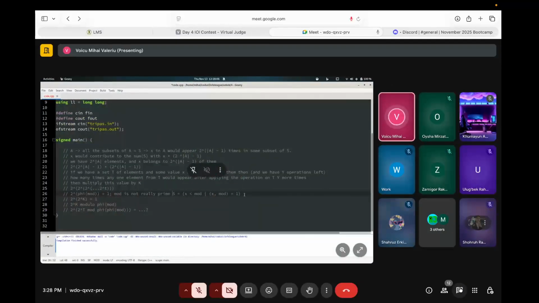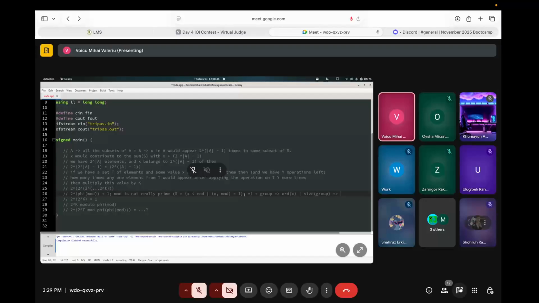In such a case, we know that mod does not always need to be prime. So long as we do operations with those elements that are coprime to it, that is, they do not share a prime factor with it, then we are in the clear. And because this set with multiplication forms a group, we can conclude that the order of any element divides the size of the group.